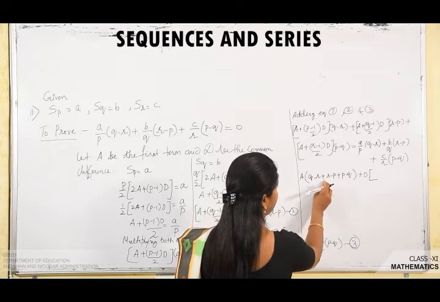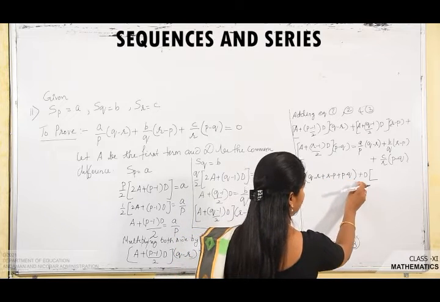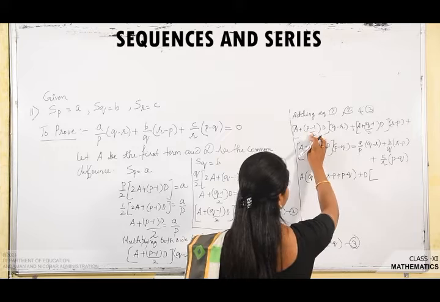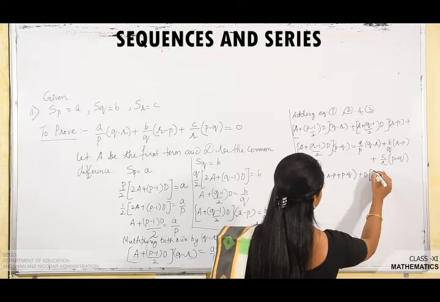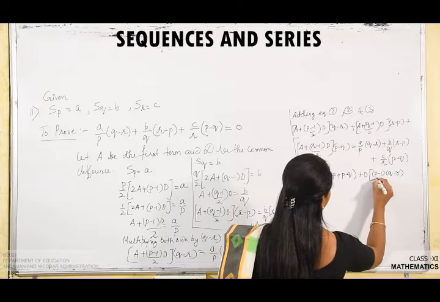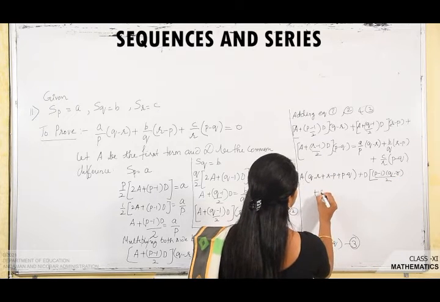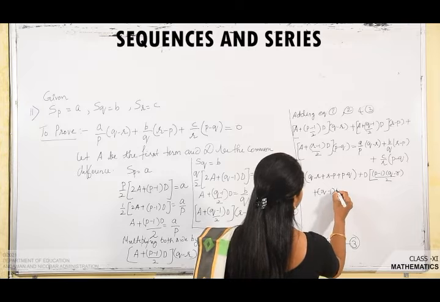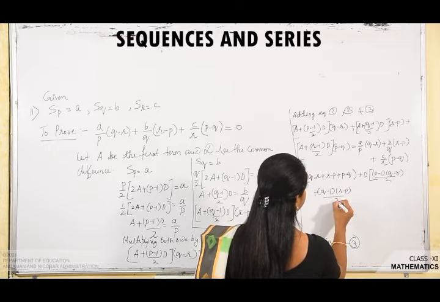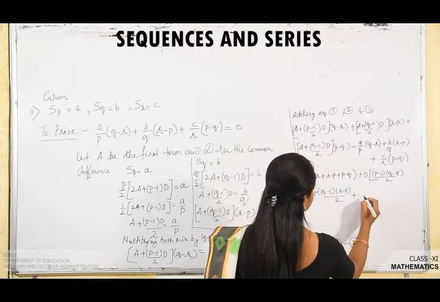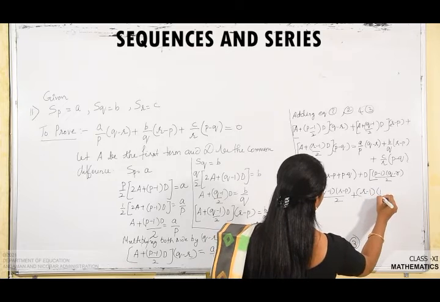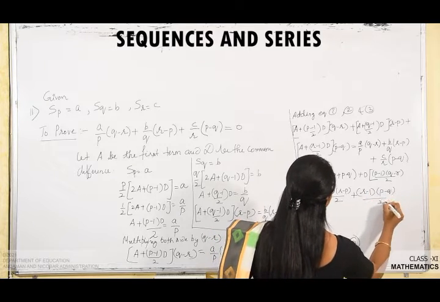A into (Q minus R plus R minus P plus P minus Q) plus D into, you will see you are getting (P minus 1) into (Q minus R) by 2 plus (Q minus 1) into (R minus P) by 2 plus (R minus 1) into (P minus Q) by 2.